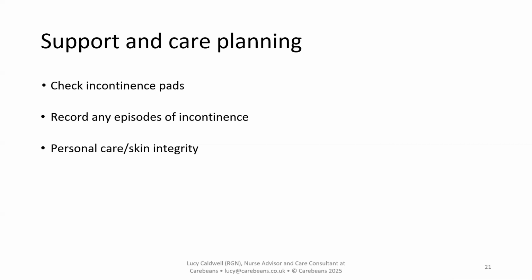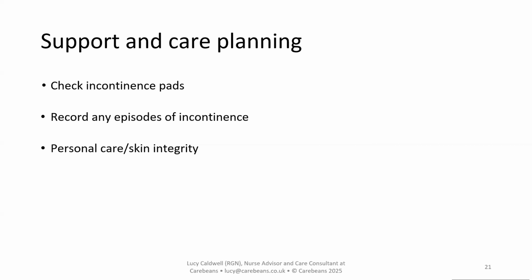It's good to record any episodes of incontinence, so to keep a diary or do an incontinence assessment on that. You can put bowel charts in place to record any incidences of incontinence. We do have a bowel chart on the system, and I'm going to show you where that is. That's the Bristol stool chart that I'm sure you'll all be familiar with.